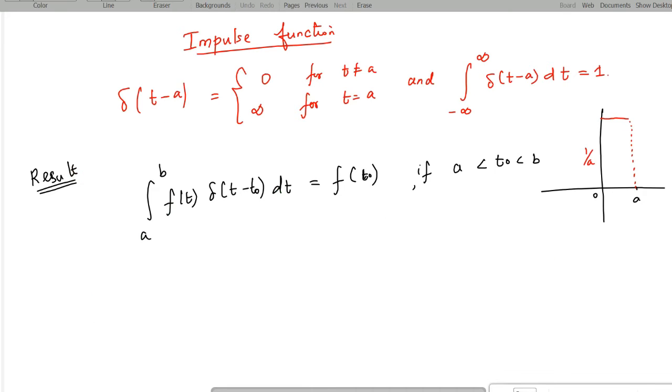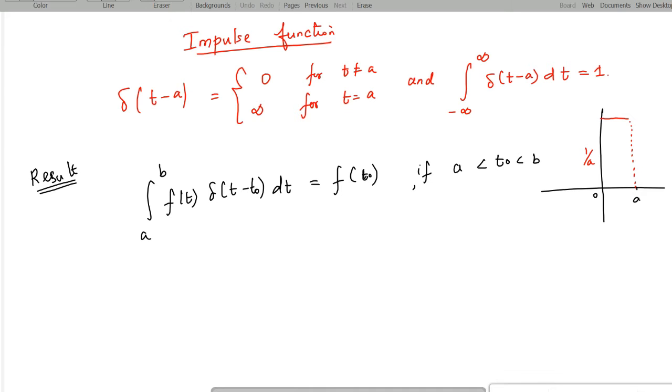Next one is the impulse function. An impulse is a pulse of large magnitude, short duration and finite strength. In particular, a unit impulse is an impulse of strength 1.